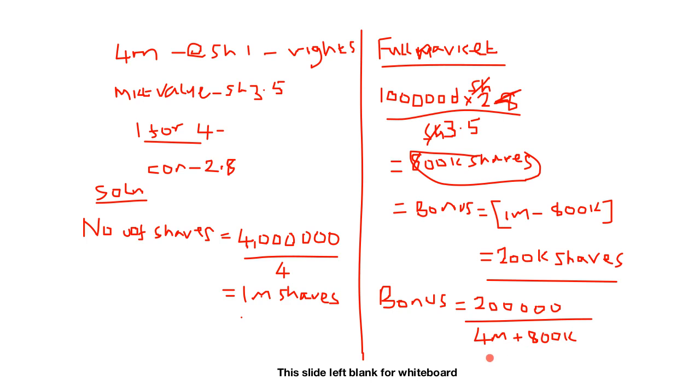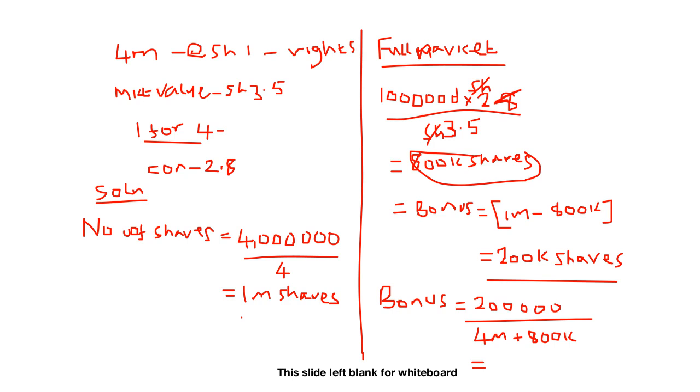If any clarification is needed, please do not hesitate to ask. So when we divide 200,000 by 4.8 million, what will be the quotient?